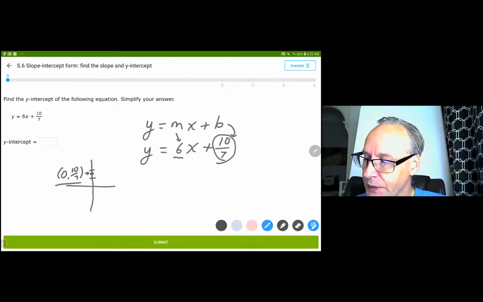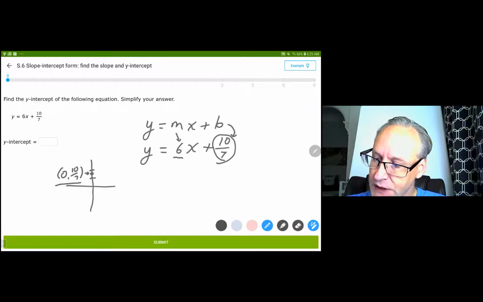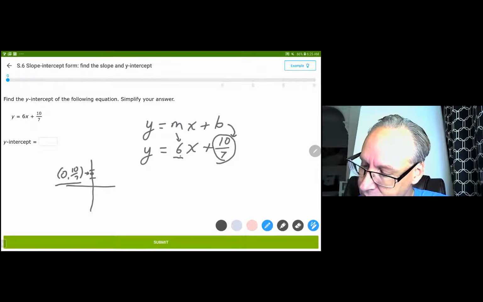By the way, the slope is a fraction. 6 is a rational number because you can write it as 6 over 1. And that means that if I were to graph this, it would go up 6 units for every 1 unit it went over. It would be a very steep graph, something like that. Anyway, the y-intercept that they're asking for is, of course, 10 over 7.